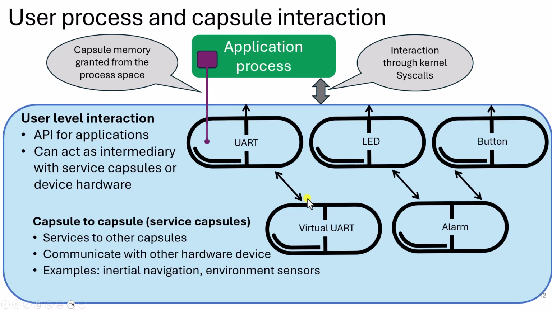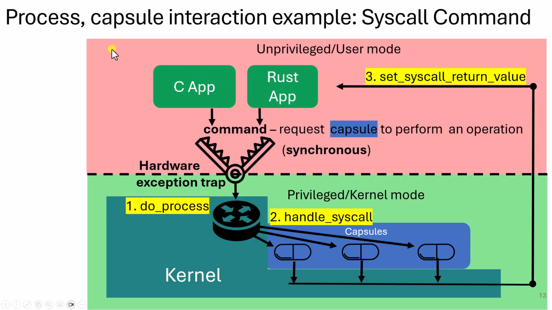So we've talked about how the capsules interact with the processes, and now an example to help illustrate that. When a process wants a capsule to perform an operation, it interacts with that capsule through the syscall command. The process uses that syscall API and issues a command.